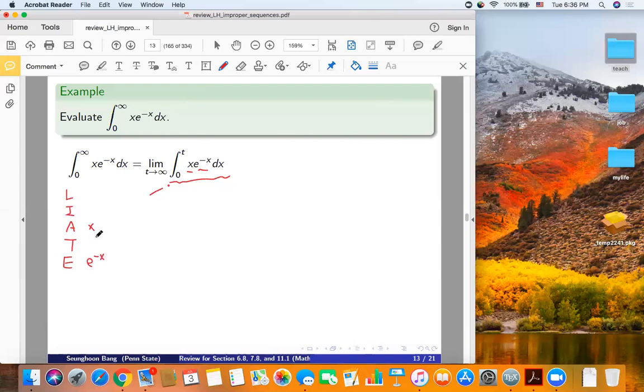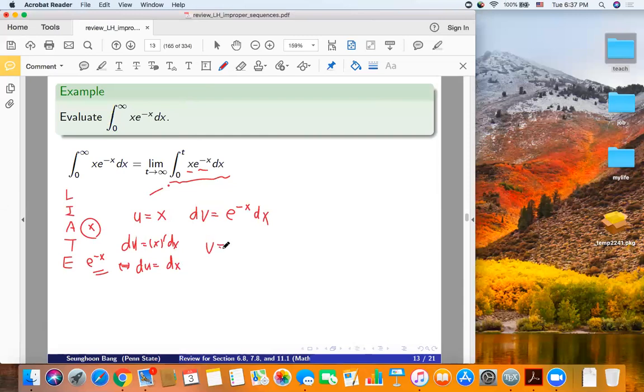In this case, you can choose u as x. dv is the remaining part, e to the minus x dx. You have it. The next, find du. The du is x prime dx, so we have du equals 1 times dx.